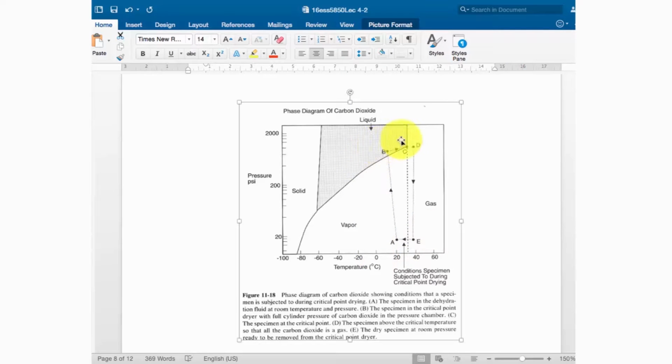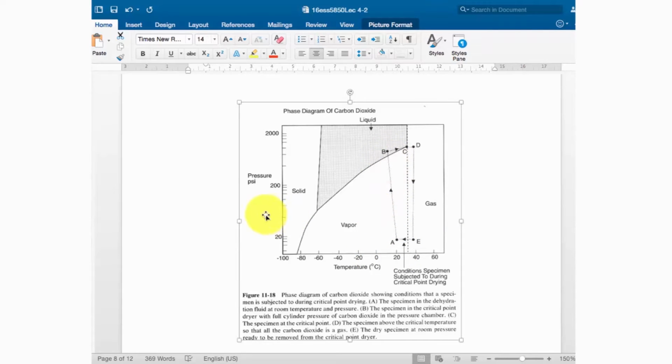Through this process, because it's over the critical point, the liquid will not face the surface tension problem. It goes into the no surface tension area, so we can get rid of surface tension issues. This process we call the supercritical process. You need to have a chamber that can resist the high pressure.